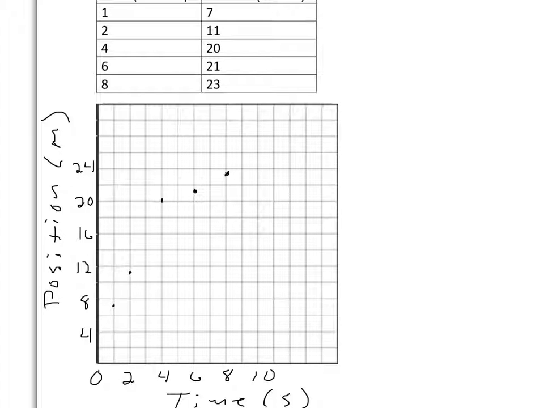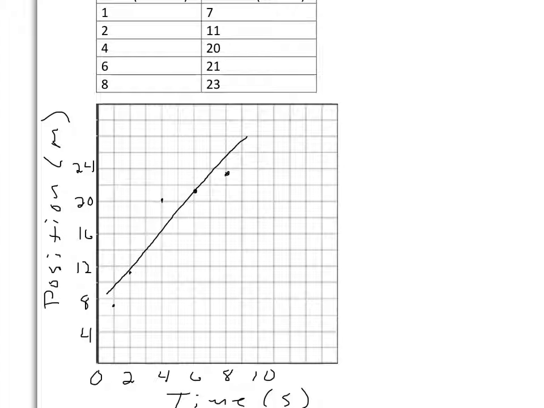So I'm going to do my best to draw a straight line that goes through all those points. If I was using paper and pencil, I'd use a ruler. I don't want to mess up my Explain Everything iPad app here, so I'm just going to kind of make a guess at it. So there's a line that pretty much goes through the data.